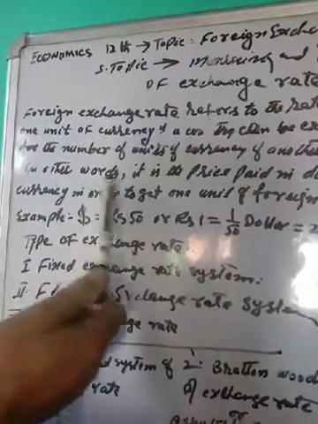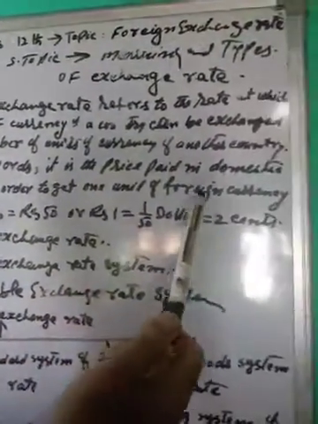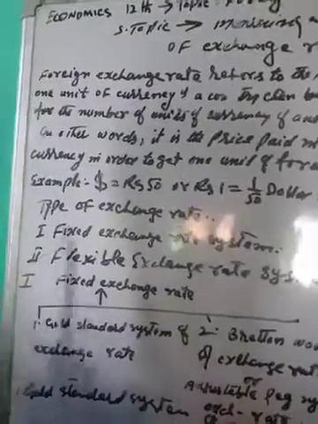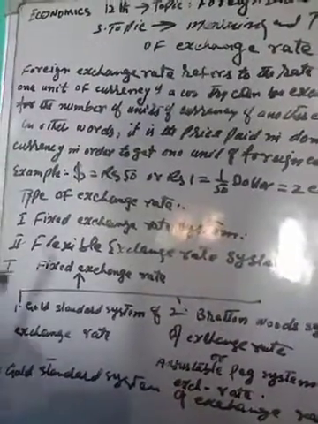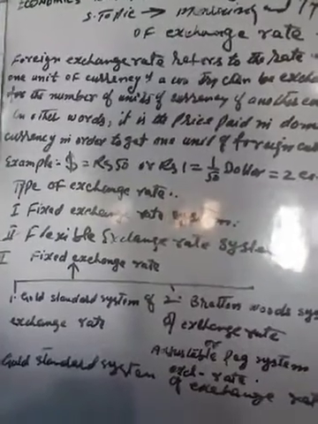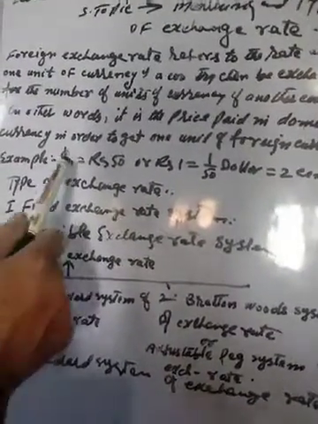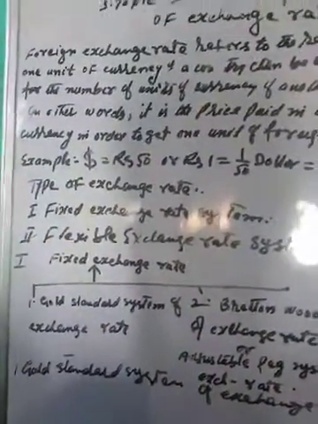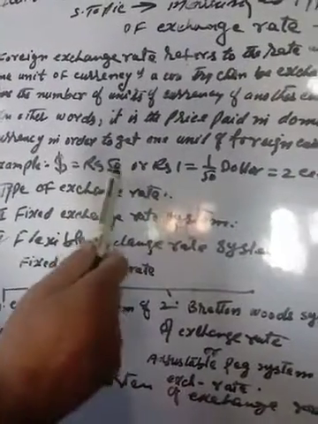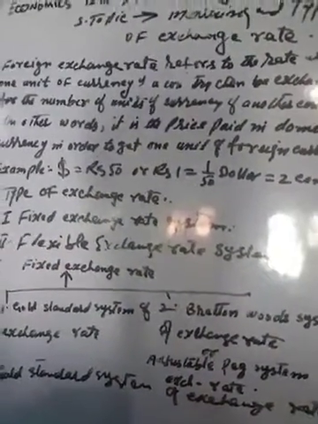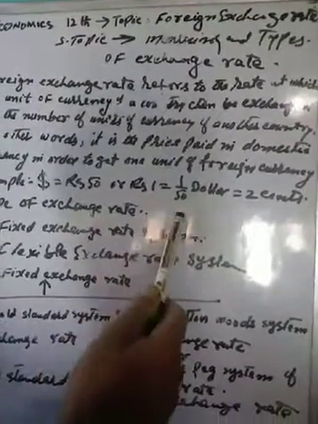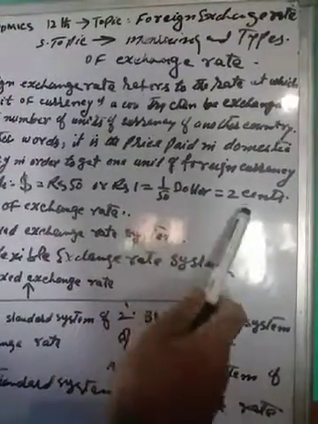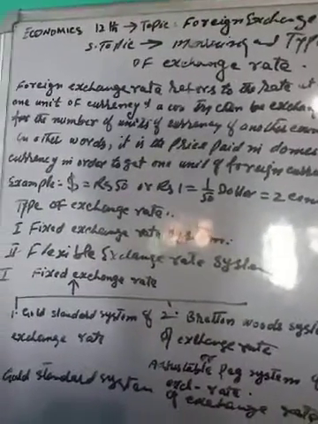Or in other words, it is the price paid in domestic currency in order to get one unit of foreign currency. For example, $1 is equal to rupees 50, or we can say rupee 1 is equal to 1 divided by 50 dollars, that is 2 cents.